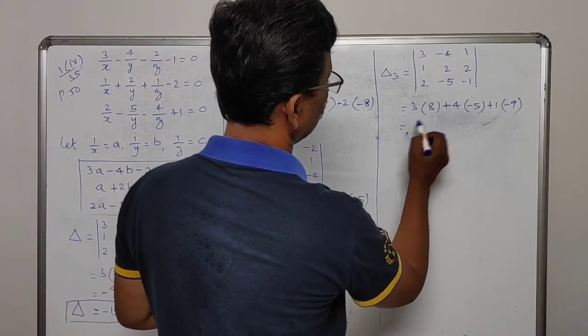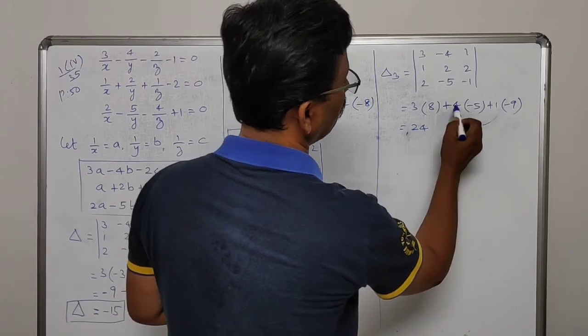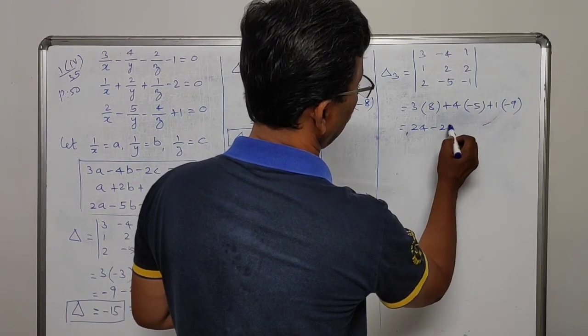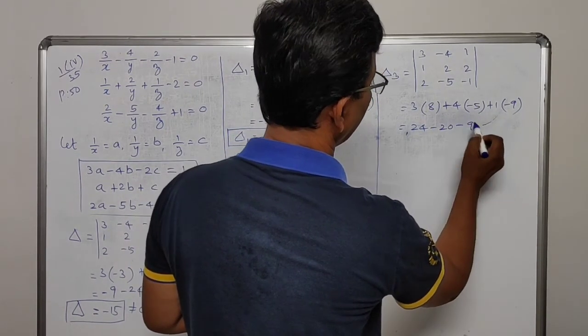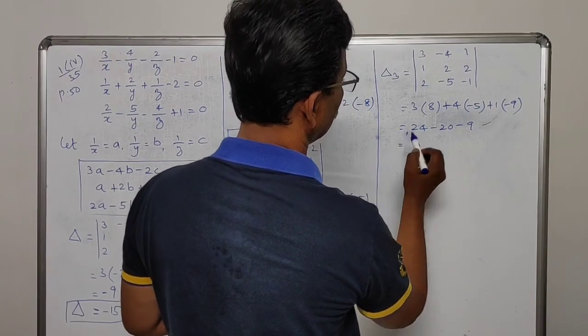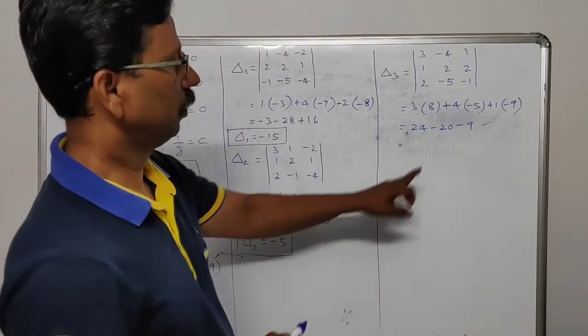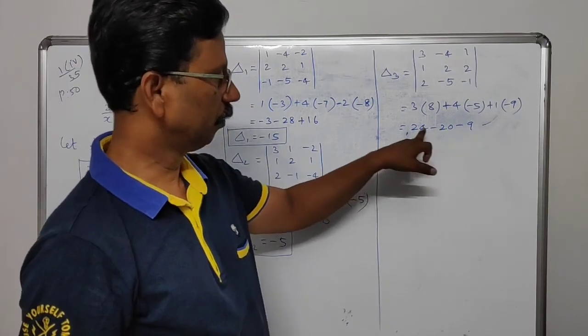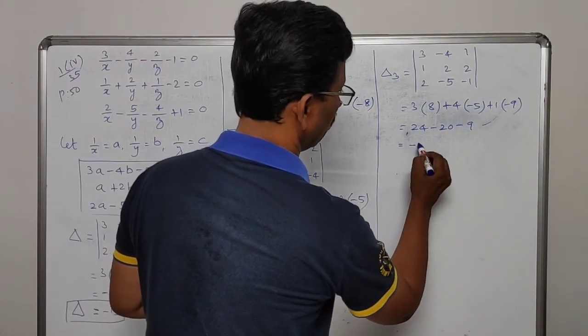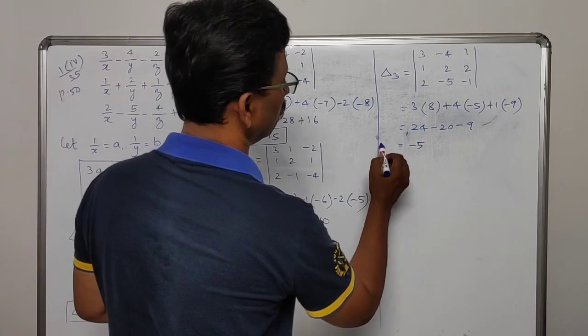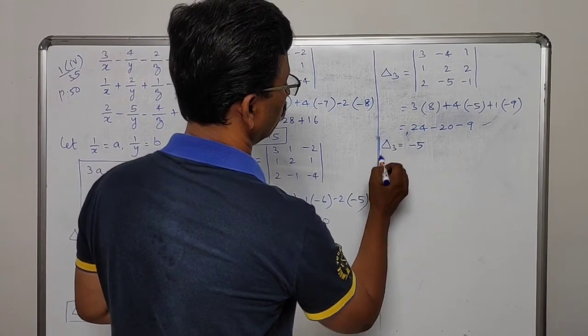Now which is equal to 3 eights are 24. Then minus 20. Then this is minus 9. Which is equal to minus 29 plus 24 gives minus 5. This is delta 3.